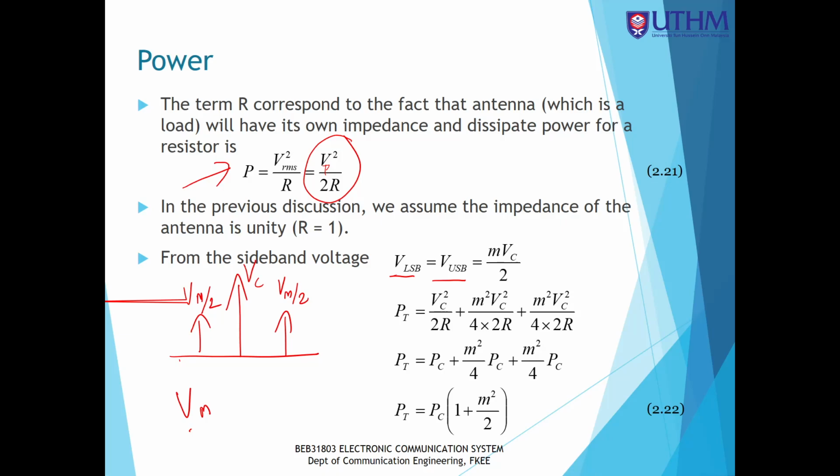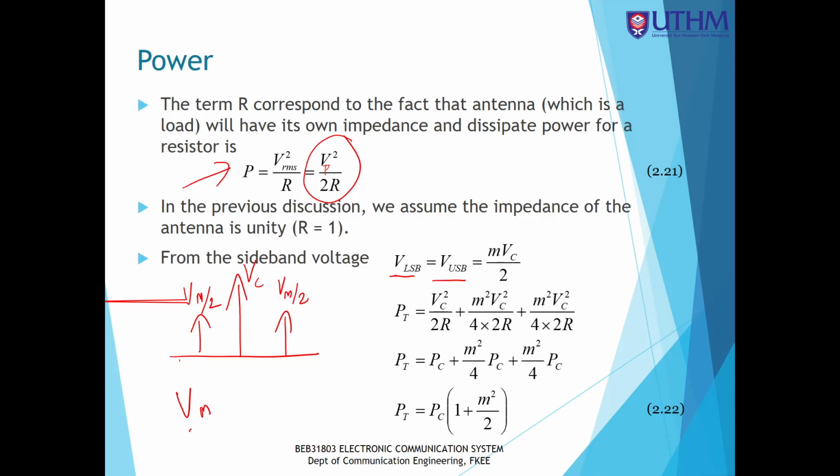Remember that M is equal to VM over VC, so VM is equal to MVC. Sama aja. Since we have three components: lower sideband, carrier, upper sideband, therefore the power calculation must also have three components, which is the carrier, lower sideband, and upper sideband.